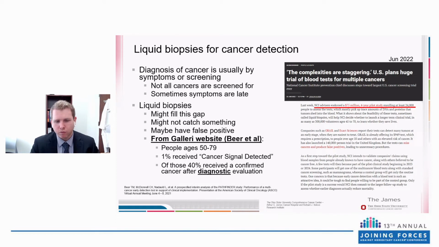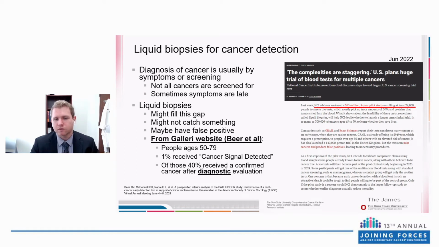They present this right on their website very transparently, and they present data from people that were 50 to 79 that got this test, and about 1% of the individuals that they sampled had a cancer signal detected. Of those, 40% received a cancer diagnosis after diagnostic evaluation.